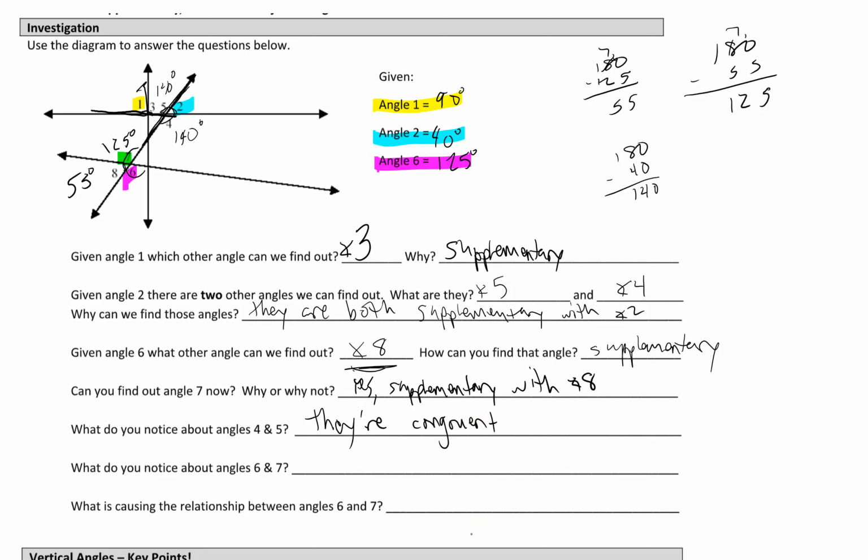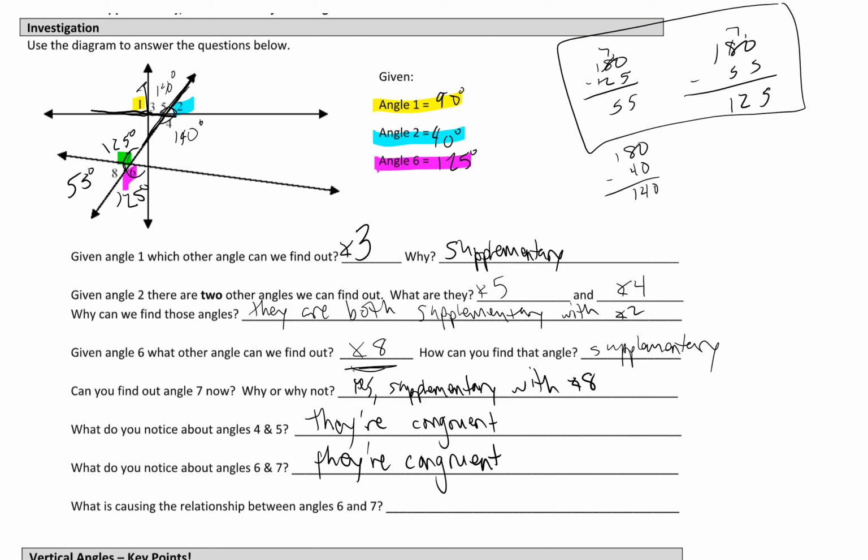And if we look back at angles 6 and 7, we found angle 7 was 125, and angle 6 is also 125 degrees. So again, they're congruent. I want you guys now to think about why 6 and 7 are congruent. We solved them both right here.